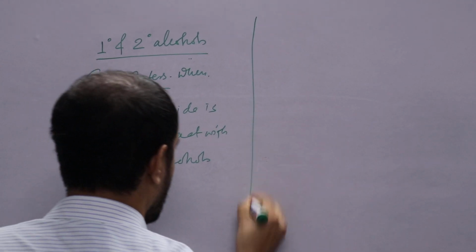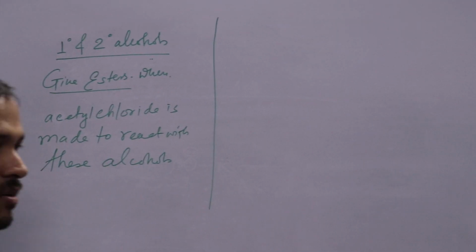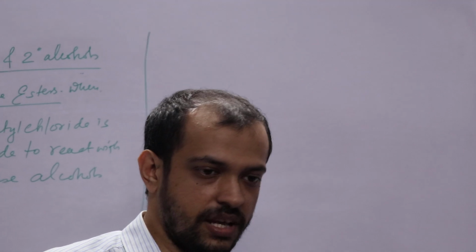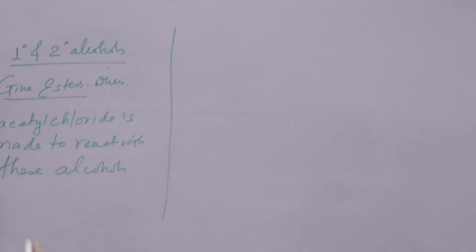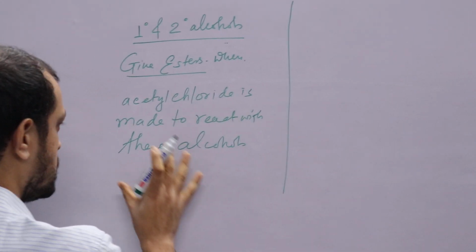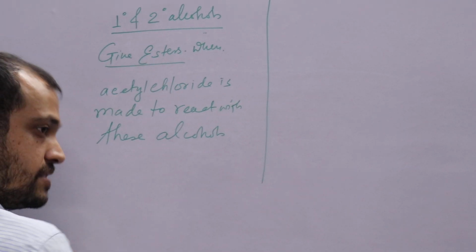Okay, let me rub all these things and then I will discuss the important things. Now, what is the difference between 1 degree, 2 degree alcohol and 3 degree alcohol with respect to acetylation reaction? That is, when acetyl chloride is made to react with these alcohols, then they will give ester.